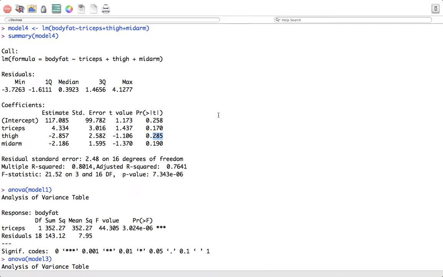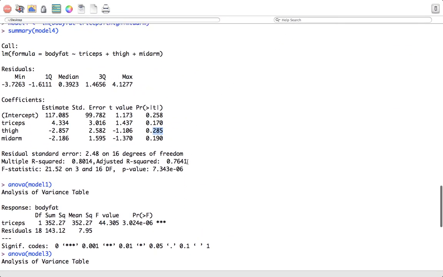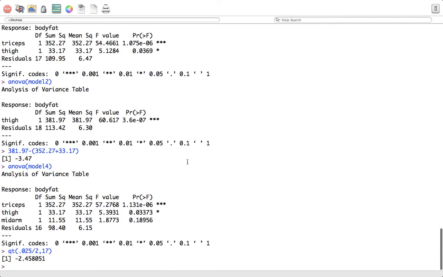And the sum of squares error is going to be really easy to find if I can find the ANOVA for everything, so that looks like it's going to be 98.40. So the denominator of the numerator is going to be 2, so that's what I'm doing there.